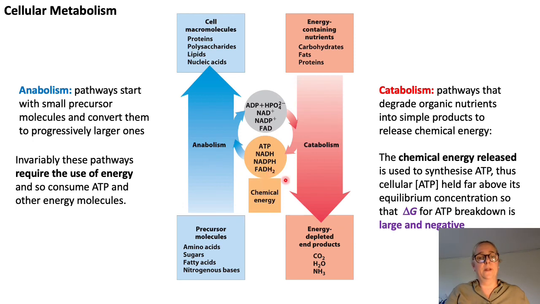So the chemical energy released is used to synthesize ATP, and cellular ATP is held far above its equilibrium concentration, and the free energy for ATP breakdown is large and negative. If we consider anabolism, these pathways require the use of energy, and so they consume ATP and other energy molecules, NADH, for example.